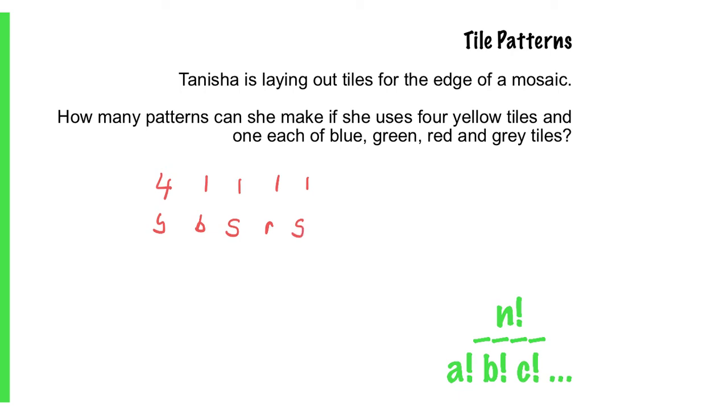So you've got 8 tiles total. So you can arrange those 8 tiles in 8 factorial ways. But because you have 4 yellow tiles that are indistinguishable from each other, you account for that by dividing by 4 factorial. And so the number of ways you can arrange them that are distinct is 1,680.